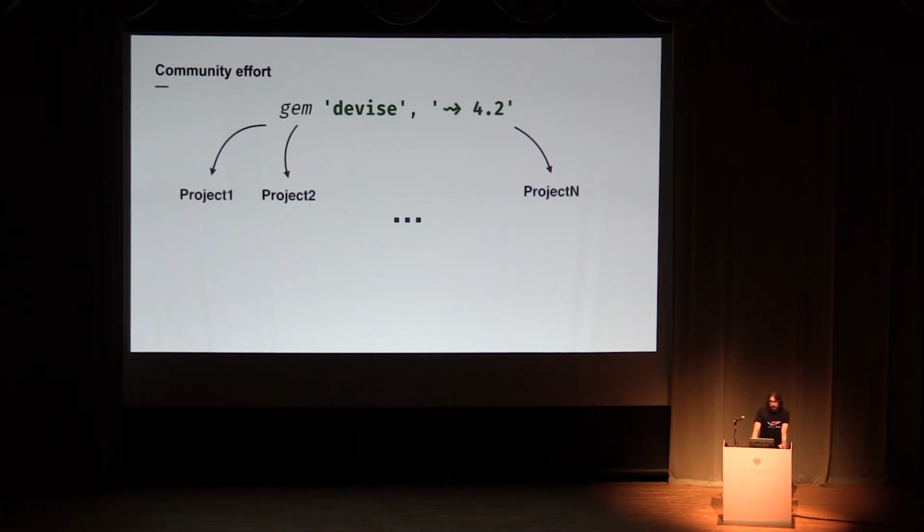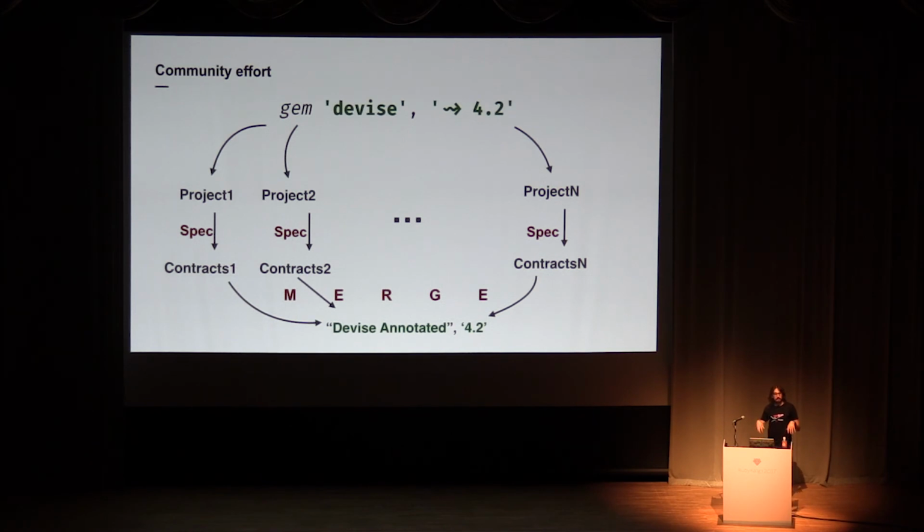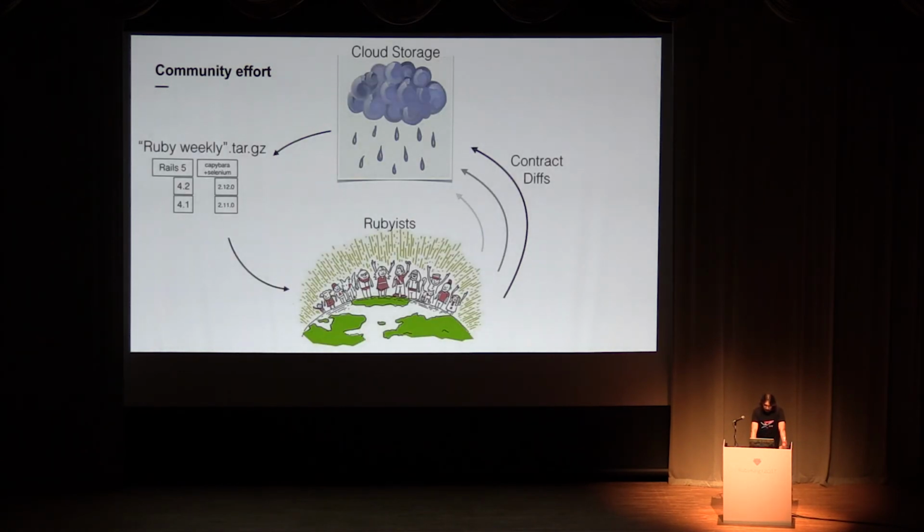One gem of one version can have tons of usages in different projects. And each of the projects using this gem actually provides some unique way of calling methods from that gem. So if those projects run their tests producing the contracts, and if later we merge all this gem-related data into something monolithic, I think we may have a good, truthful annotation for the methods in this gem.